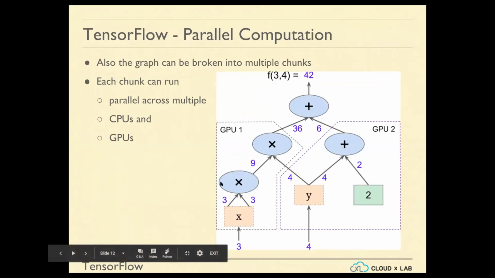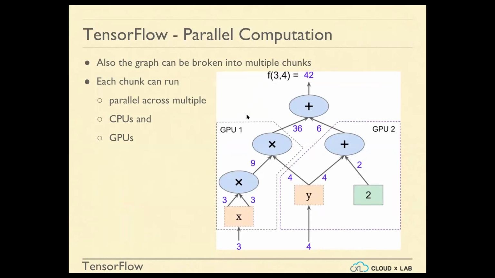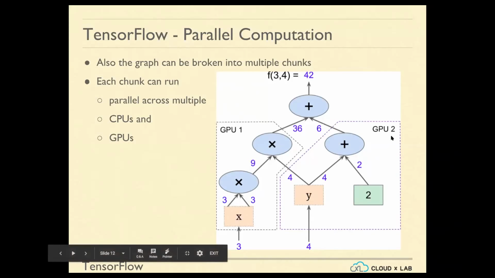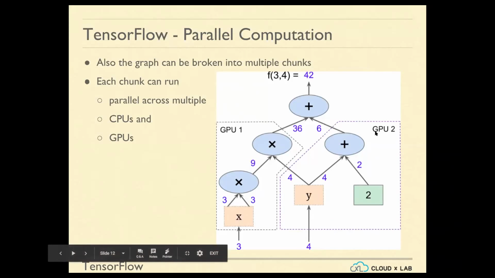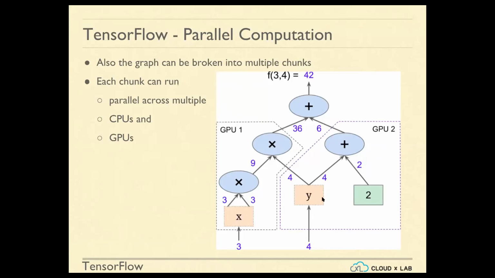So hypothetically, x square into y is being executed by one GPU, and y plus 2 is being executed by another one. Okay, so you can see that the values of y and others could be computed twice in such cases. We'll talk about this very soon. And then the results of both GPUs are combined together.